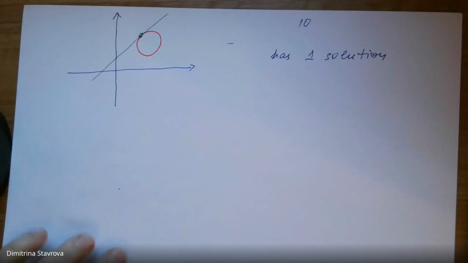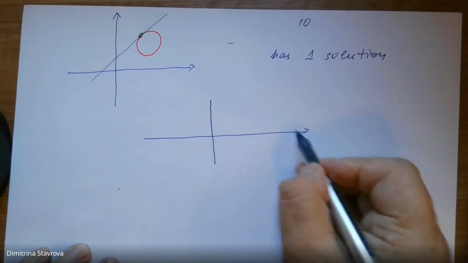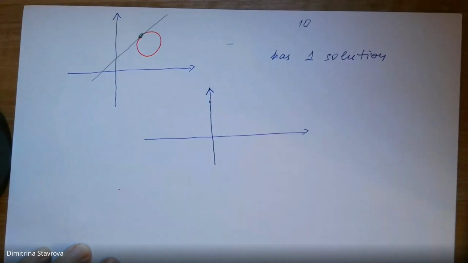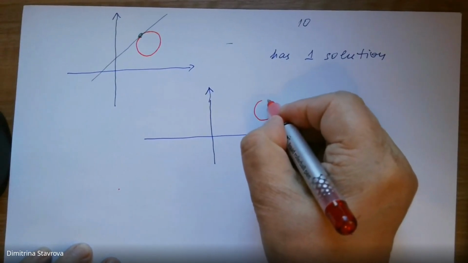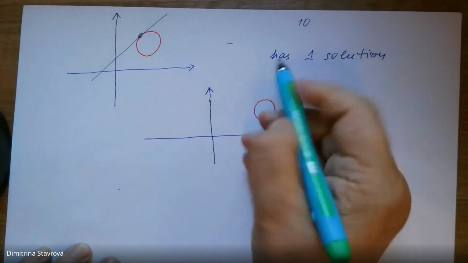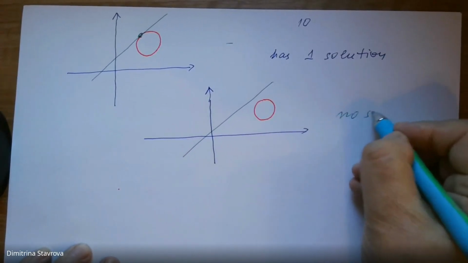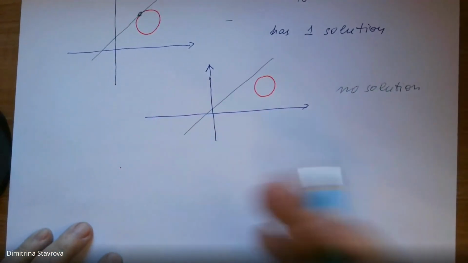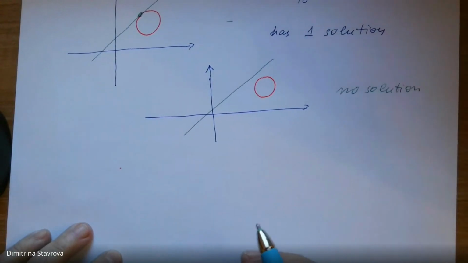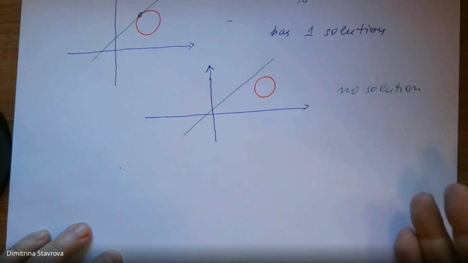And what would be the case when no solution exists? It will be the case when the line does not intersect the circle. No solution. All these are possibilities that we can explore even without solving a specific system.